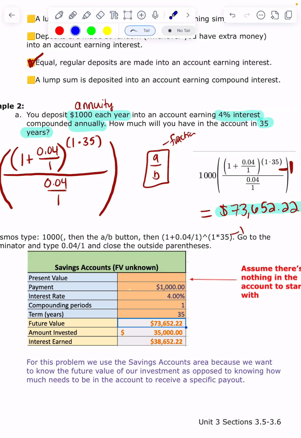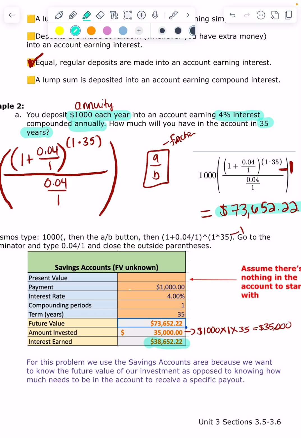And Excel will tell you that the future value is the same as what we got, $73,652.22. And then the amount invested, you can get that by multiplying $1,000 times 1, because it's just one time a year, times 35 years. So that's 35,000. Which means if you subtract those two values, you get how much interest was earned.